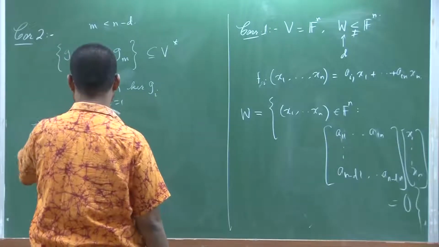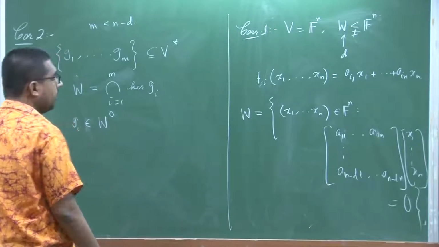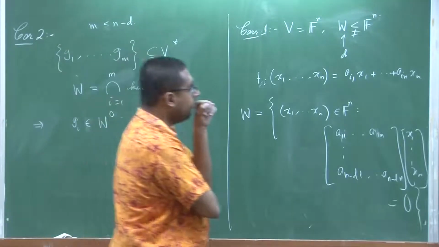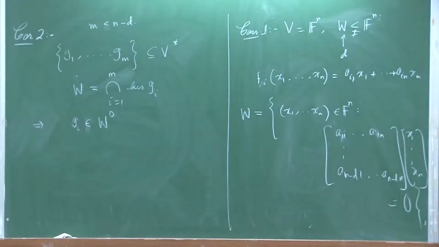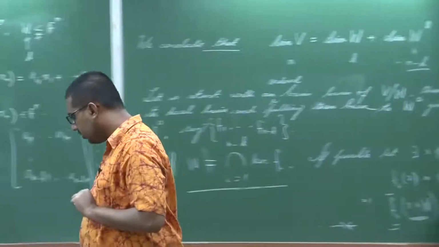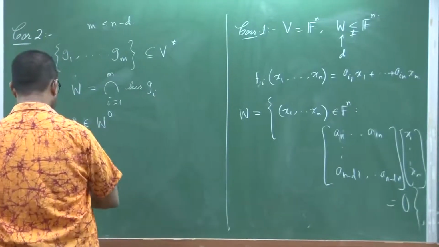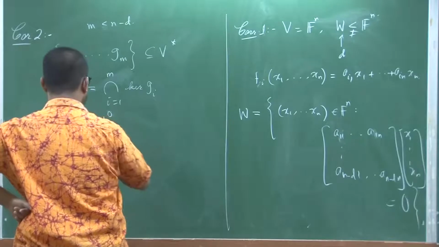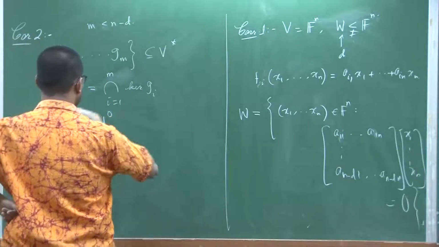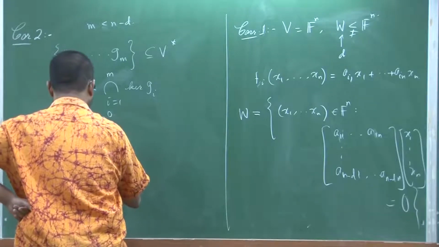If this is W, then what we do is consider the linear span of g1 up to gm.